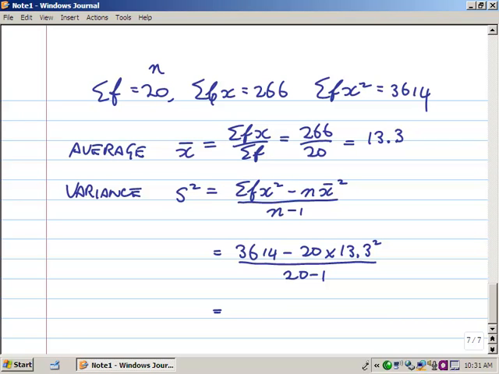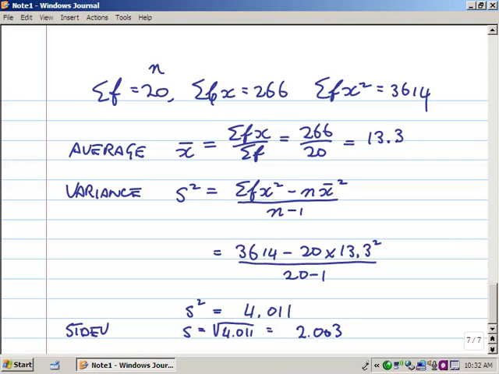And that boils down to 4.011 to 4 significant places, and the standard deviation s, being the square root of that, is approximately 2.003.